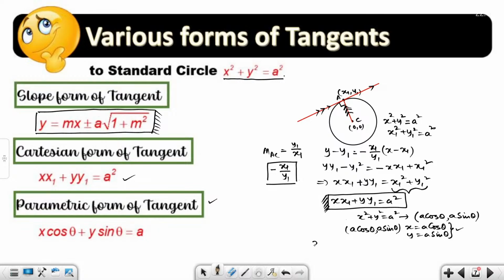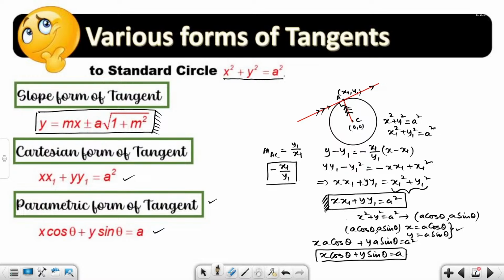In place of x1, I am simply writing a cos theta, and in place of y1, I am writing a sin theta, equals a square. So if you cancel a from both sides, we are going to have x cos theta plus y sin theta equals a. That's exactly what I have written here. This is the parametric form of the tangent.